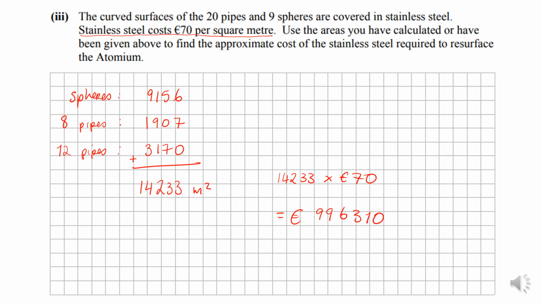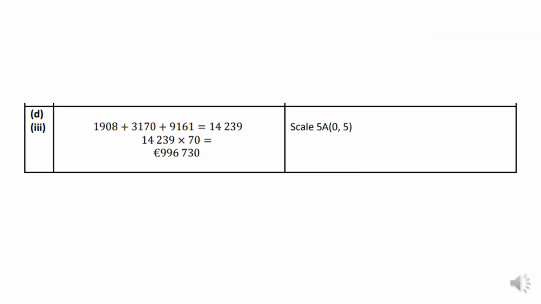Okay, let's check our marking. Did we get it right? Okay, we had slightly different values for some of those surface areas, so our total would be slightly different, but that's all good. You'll still get your full 5 marks. And that's that full question.